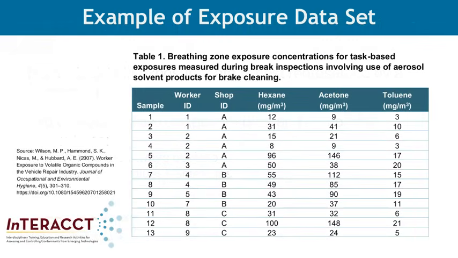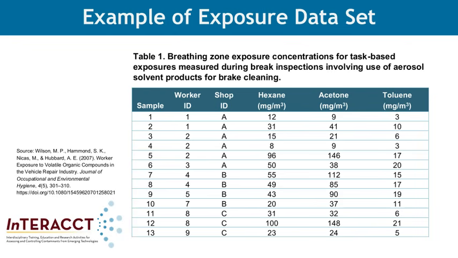To guide our discussion of exposure profiles, we are going to use a data set collected by Michael Wilson and colleagues about the exposures of automotive mechanics to organic vapors. The work was published in the Journal of Occupational and Environmental Hygiene in 2007 on pages 301 to 310 in Volume 4, Issue 5.